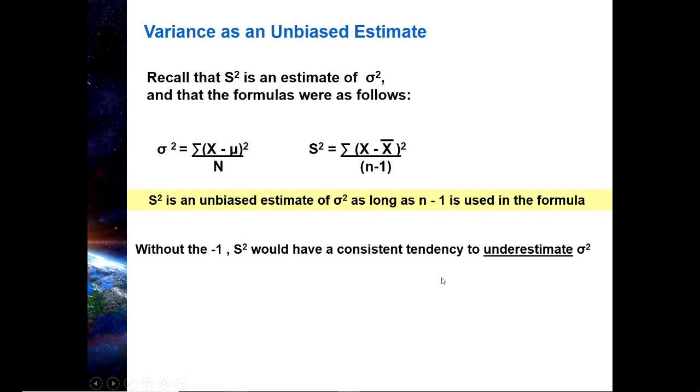So we can say, as long as we use that -1, that the expected value of s squared equals sigma squared. It's unbiased. Somebody figured this out years and years ago.